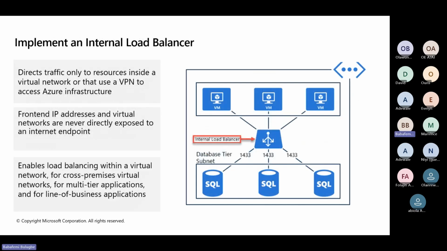So just the same way we have the public, we have the private. But the only difference here is you can see this is happening within the particular network. There is nothing coming from the cloud. So this is a typical example where we have three machines that might be hosting different applications.